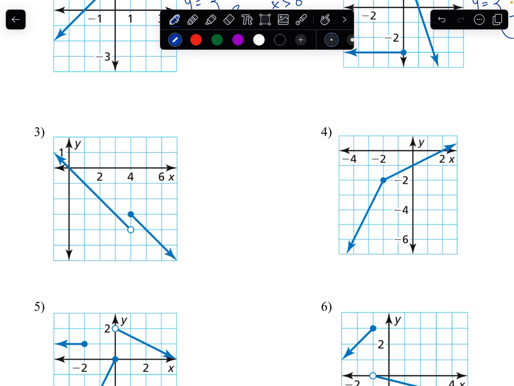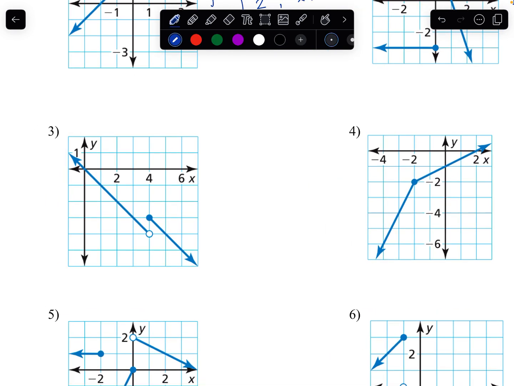So question 3, we have these two pieces right here. So y is equal to this graph right here, the furthest most left, has a slope of -1 and a y-intercept at 0. So that's simply going to be -x. Now this right here, you can see that the pieces are being broken up at x equals 4, and so this will be for x is less than 4 but not including 4.